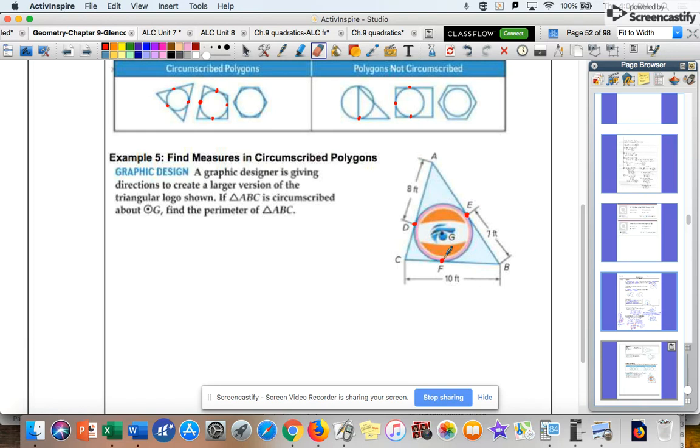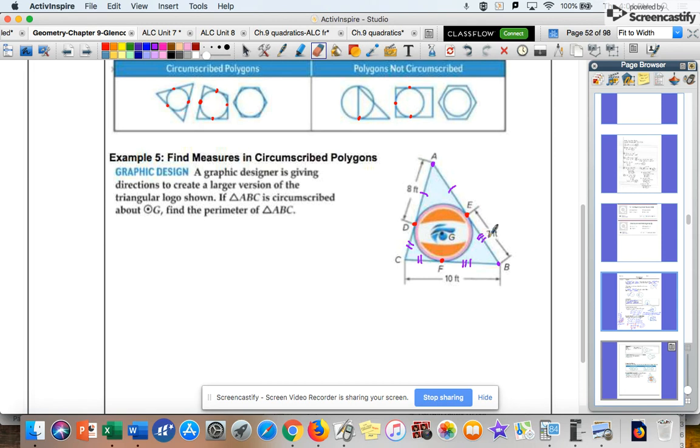Now let's think about what we talked about above. From a point outside of the circle, tangent segments are congruent to each other. So those two segments are congruent. Same thing down here, but with different lengths. Those two are congruent, and these two are congruent as well. So 1, 2, 3, 1, 2, 3.